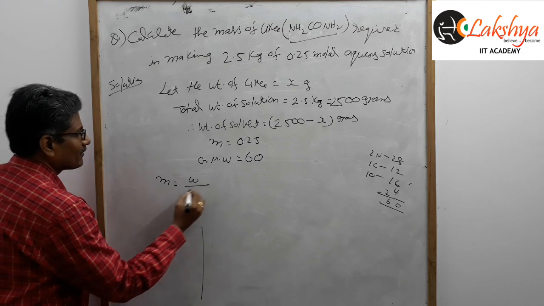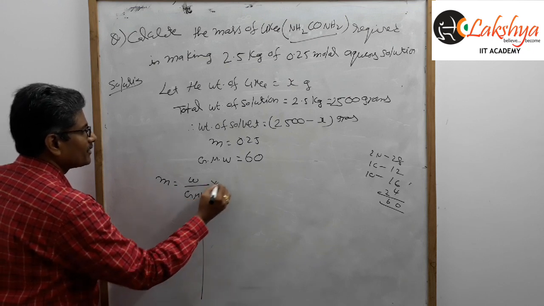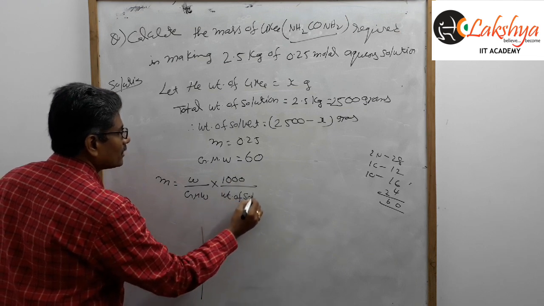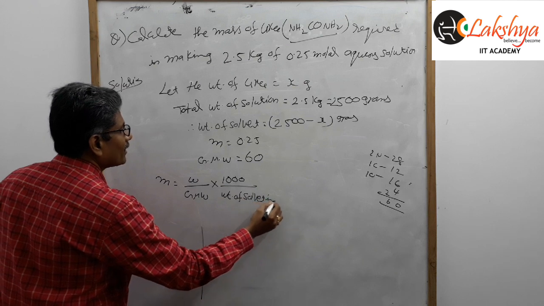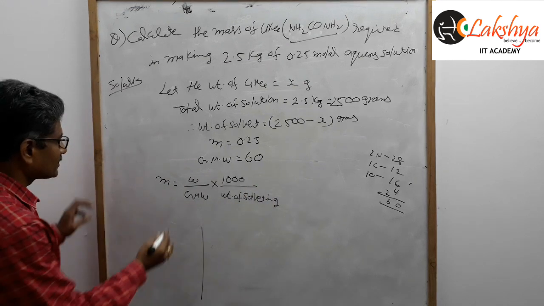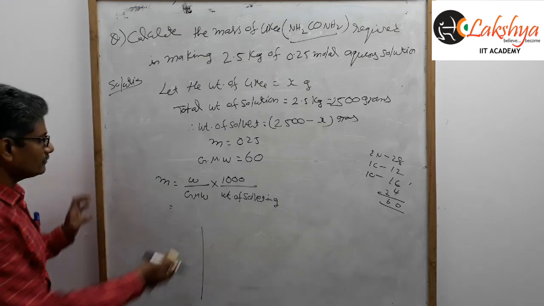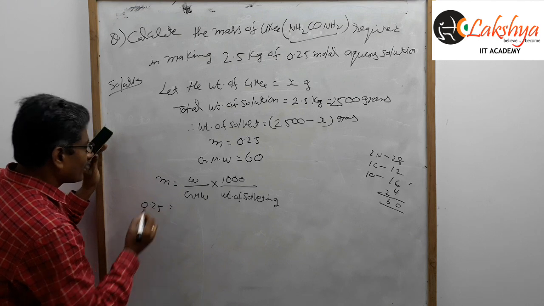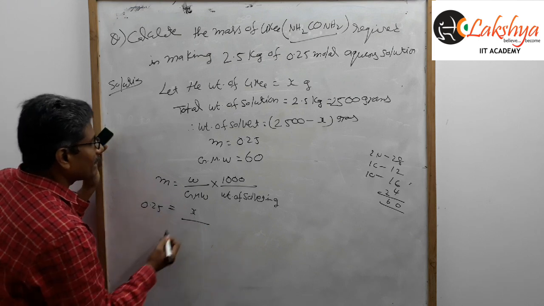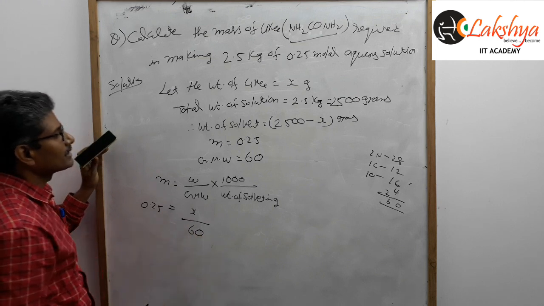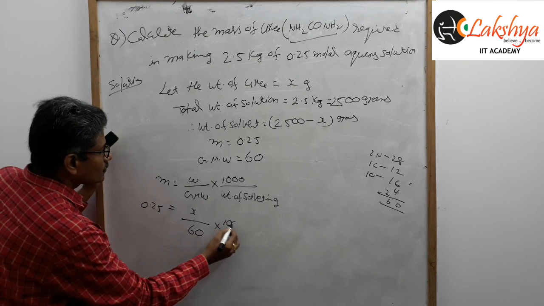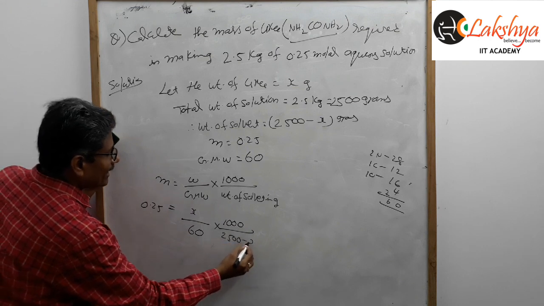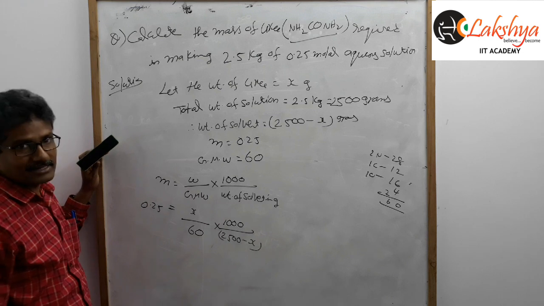Molarity is equal to weight of the solute by gram molecular weight into 1000 by weight of solvent in grams. Right, substitute here. 0.25 is equal to x by gram molecular weight 60 into 1000 by 2500 minus x, the weight of solvent in grams.